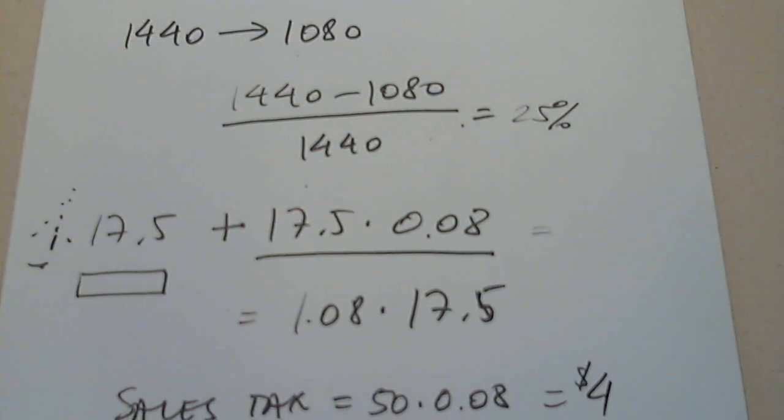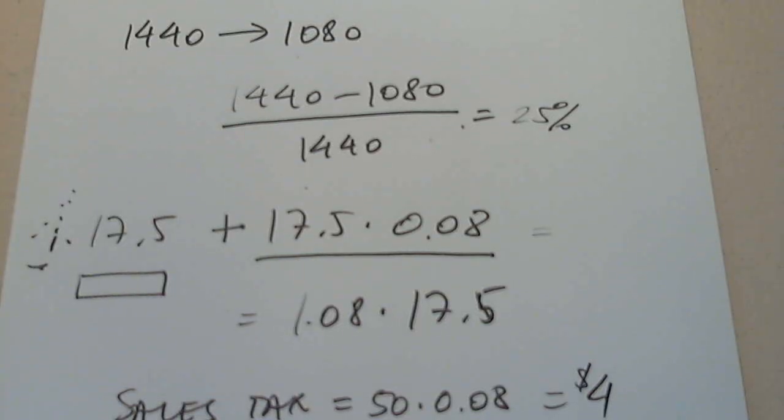Same thing. The sales tax on a purchase of $83 was $3.32. What is the sales tax rate? So the original price was $83, and they added $3.32.